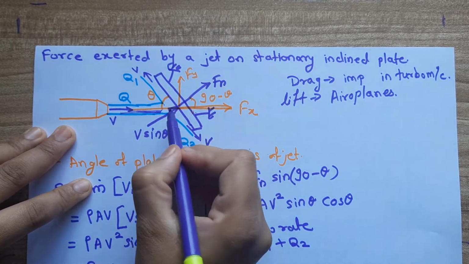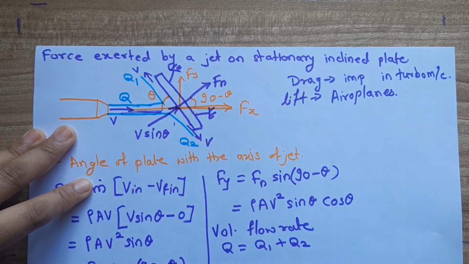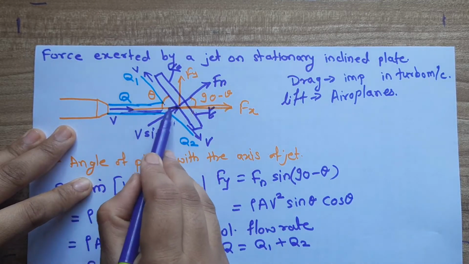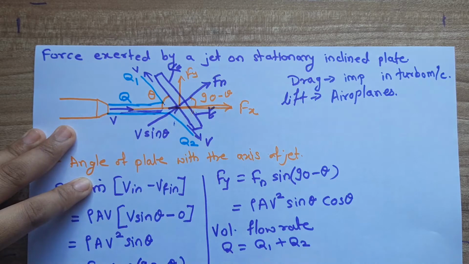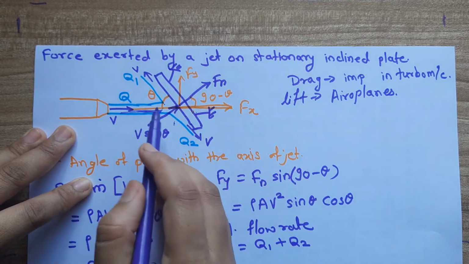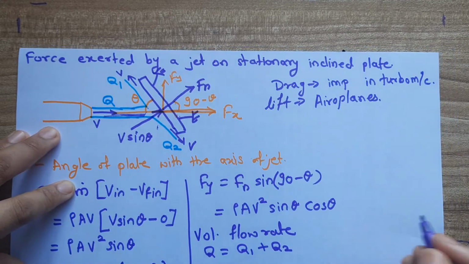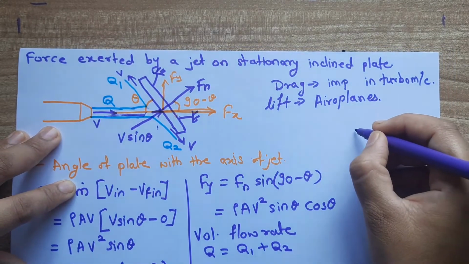Now let's equate the forces at this point. The force in this direction is equal to m dot into the velocity, right? So let's say this is the positive direction. Let me draw a simple diagram for this.